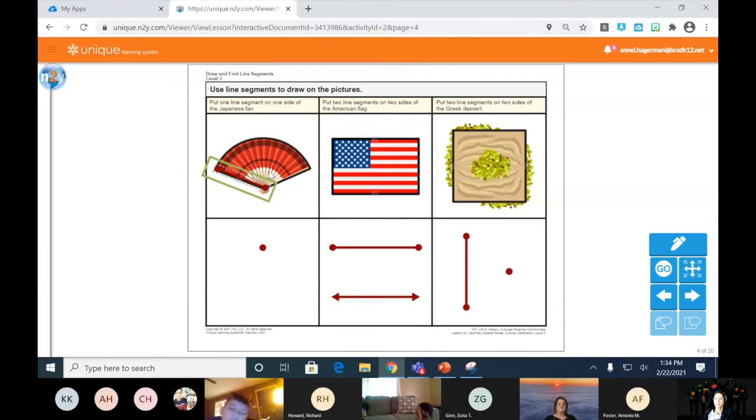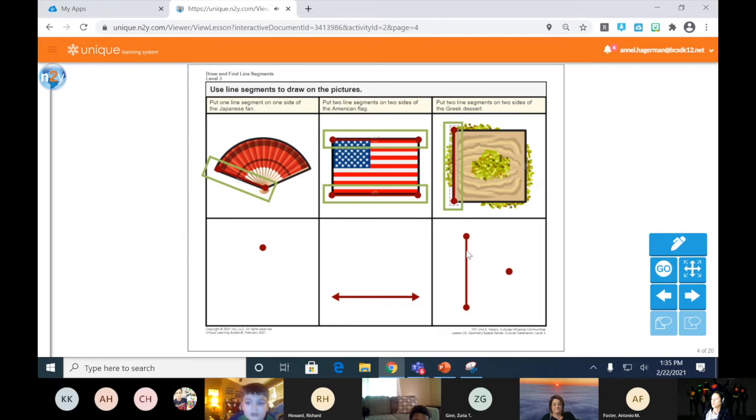That's a line segment. Now this one says put 2 line segments on 2 sides of the American flag. So here's 1, 2. Put 2 line segments on 2 sides of the Greek dessert. Here's 1 line segment, and here's the other line segment.